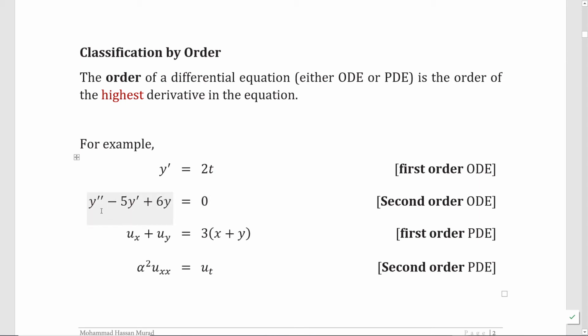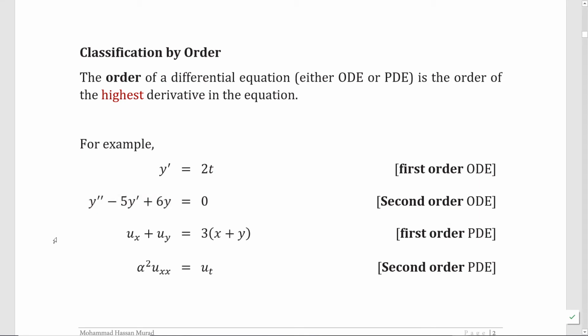It has two derivatives of the unknown function y. One is here with 5, the first order derivative, and this is the second order derivative. So the highest derivative present in this equation is of order 2. So it is called a second order ordinary differential equation.